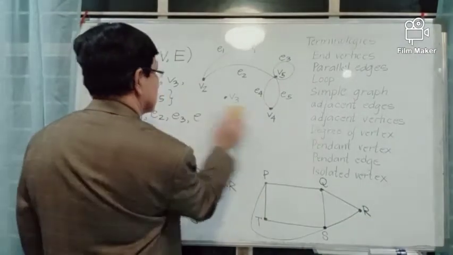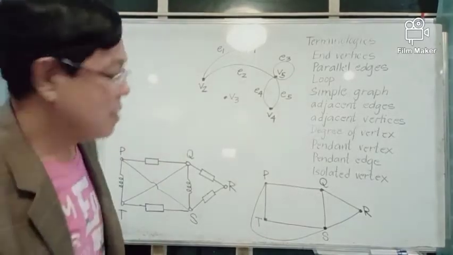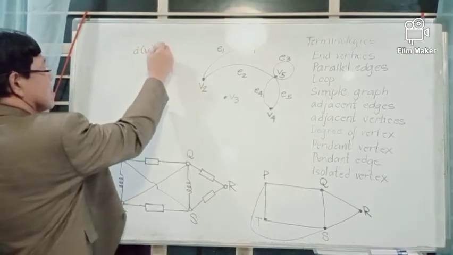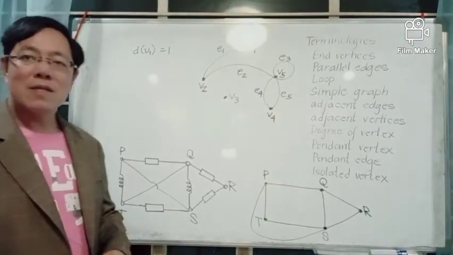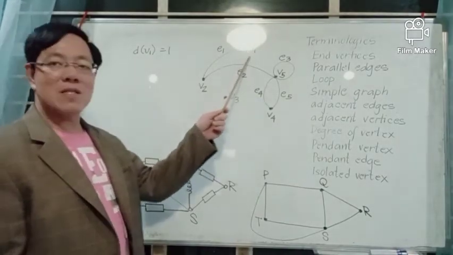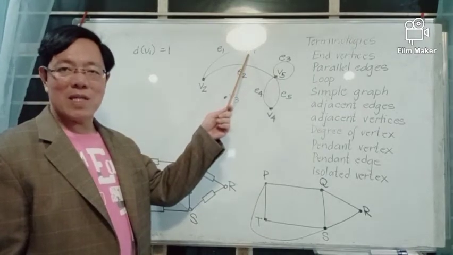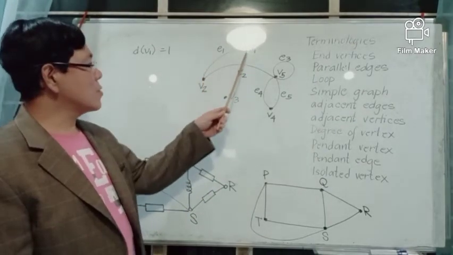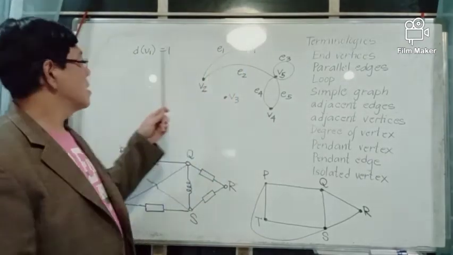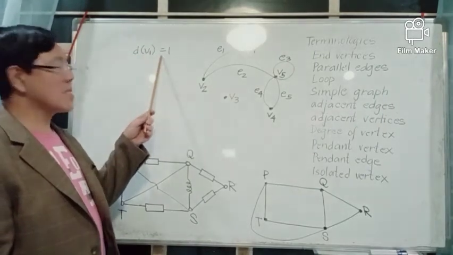Again, the degree of vertex B1 is 1. The degree of vertex B1, denoted by D of B1, is the number of edges that have B1 as an endpoint, as an end vertex. And there is only one edge with B1 as an end vertex, that is edge E1. Thus, the degree of the vertex B1 is 1.